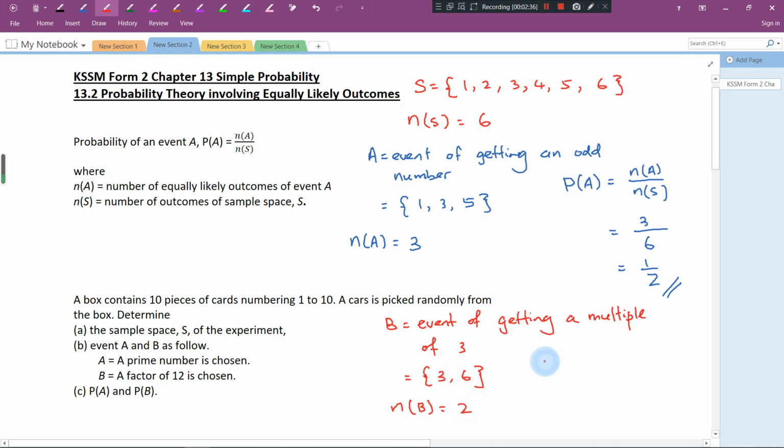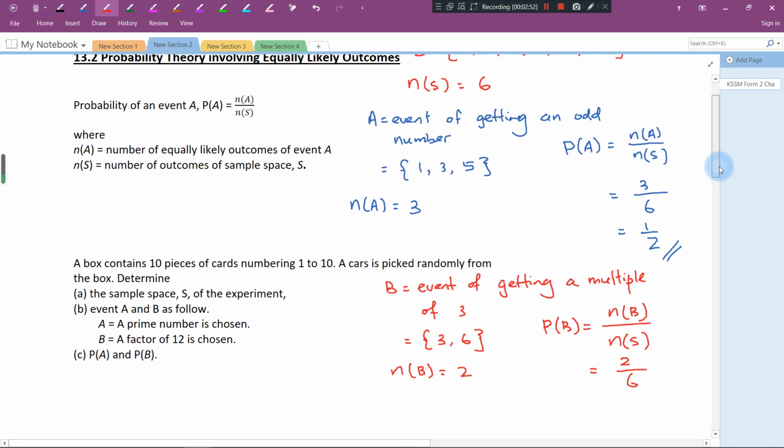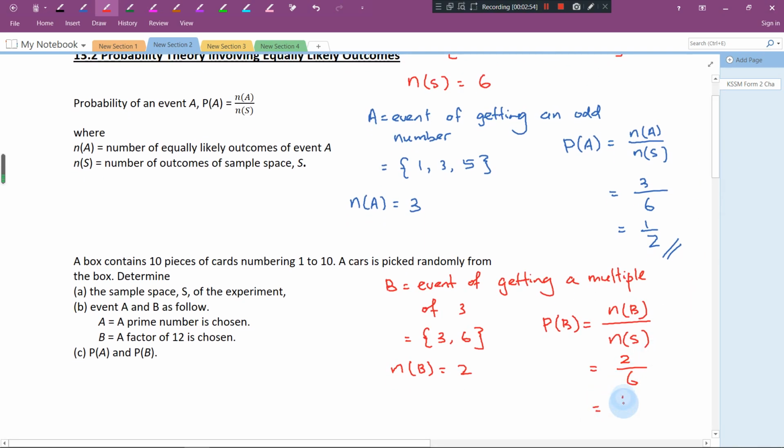If I want you to find the probability of event B, it will be n(B) over n(S). n(B) is equal to 2 and n(S) is equal to 6. Same thing, if we simplify it, we get 1 over 3.